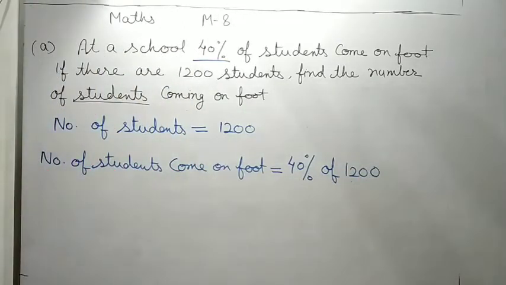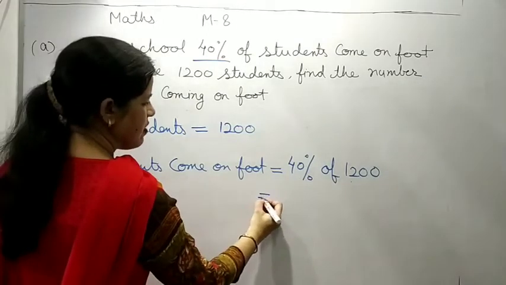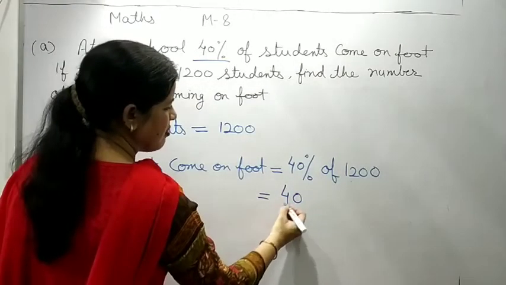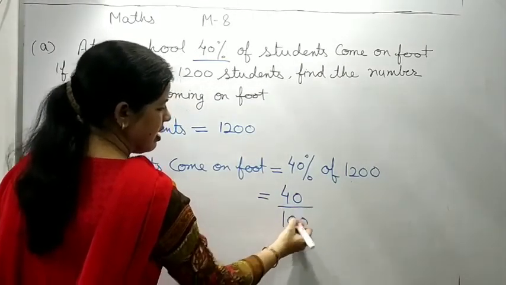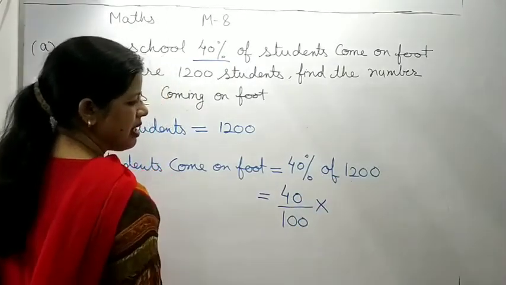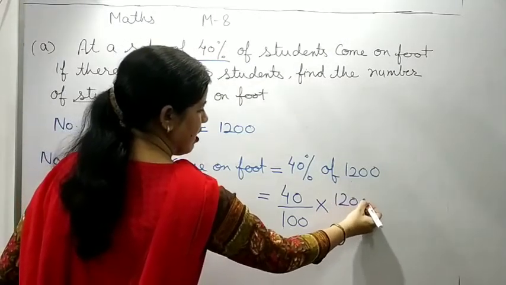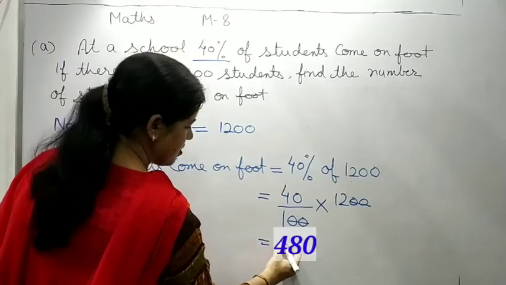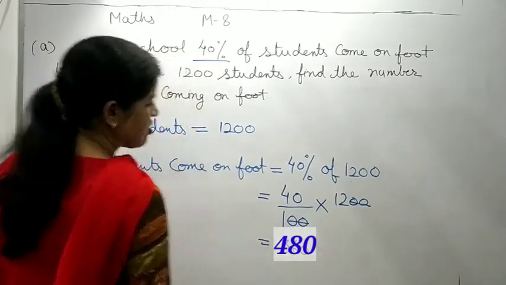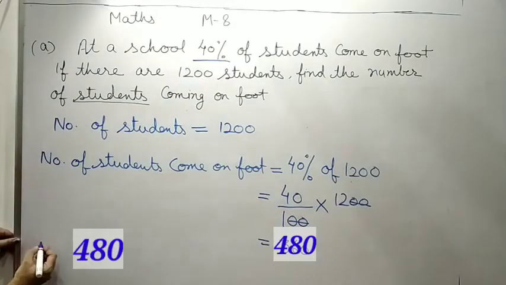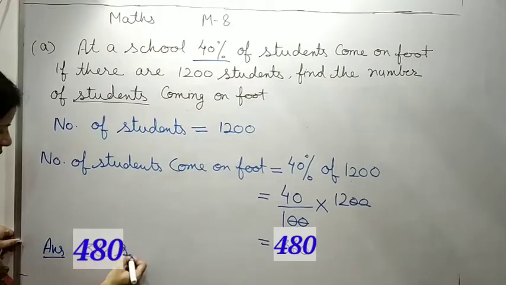Whenever we want to remove the percentage symbol, we put 100 in the denominator, or we divide 40 by 100. And in place of "of" we write multiplication, and it is 1200. Now cut two zeros by another one, and it is 12 into 4 is equivalent to 480. Right? This is the answer. So the answer is 480 students.